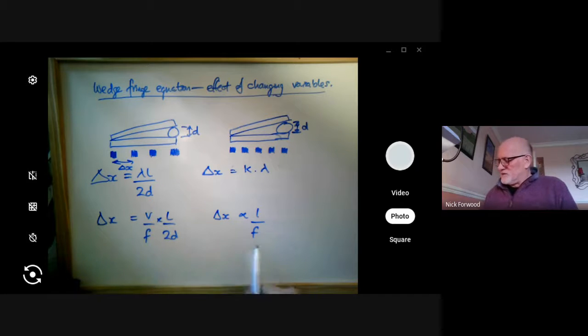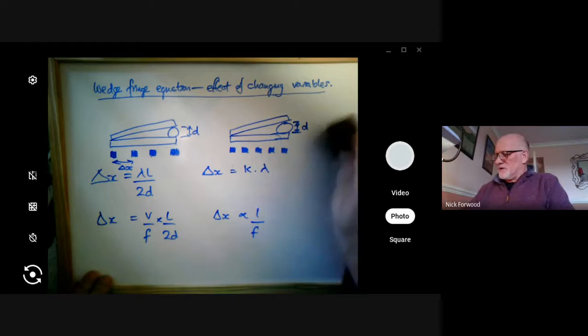So as the frequency gets higher, this becomes a bigger number, then this must become smaller. So you would see that effect with a higher frequency. Okay, the fringe spacing becomes smaller. So that's the third consideration there.